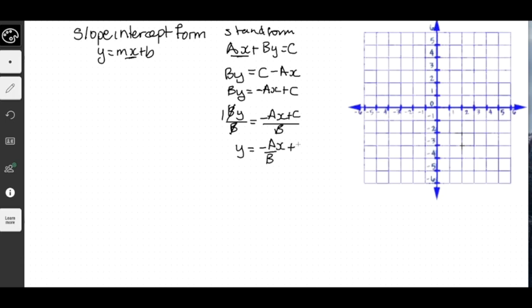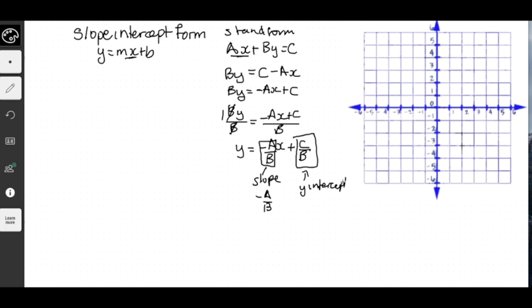Each term is obviously over b, plus c over b, where we have our x and y variables, and whatever is the coefficient of x now becomes your slope. So in this situation, your slope is minus a over b, and then this entire number here, whether it's a fraction or a whole number, whether it's negative or positive, represents your y-intercept.